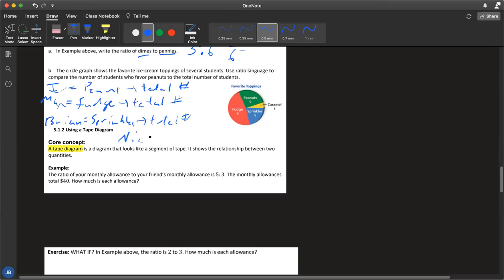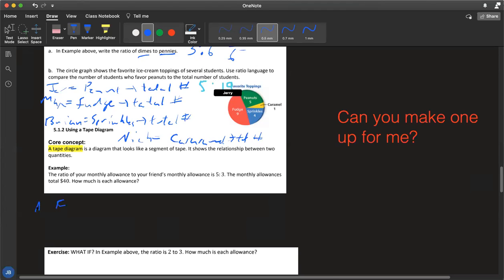You're going to do caramel to the total number of students. And then, Alina, you are going to do the fudge to peanuts ratio.